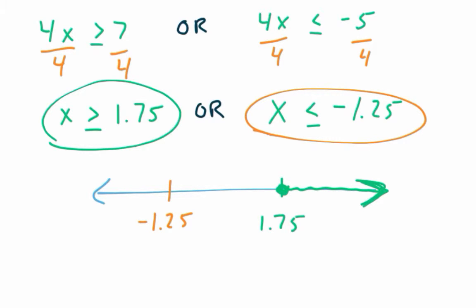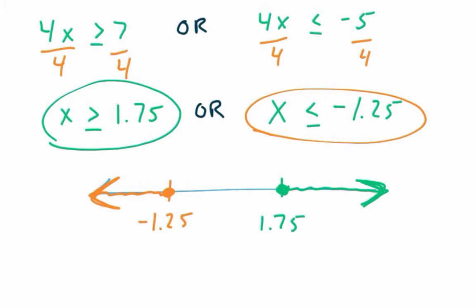It's less than or equal to that, so the "or equal" means we do a filled in circle, and we shade to the left. So the final answer on a number line includes both the orange portion and the green portion. So that's one example where we did the union.